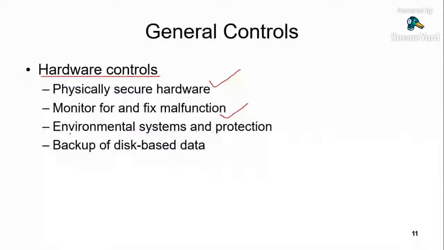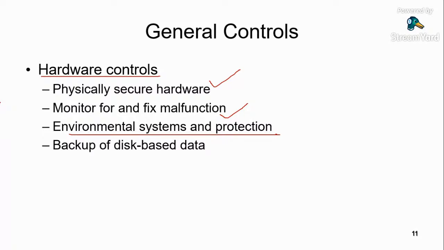Then environmental system and protection: maybe the inlet, air conditioning, air circulation, then ventilation system, then water supply, coolant supply, cooling systems, and a number of things are there, then electricity, and even how the electricity is deployed.